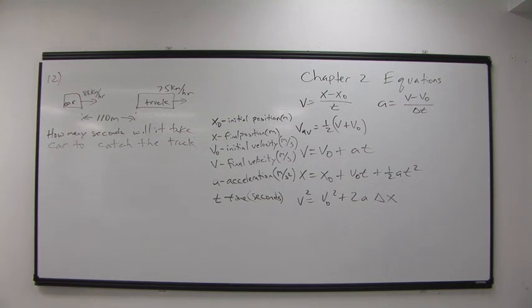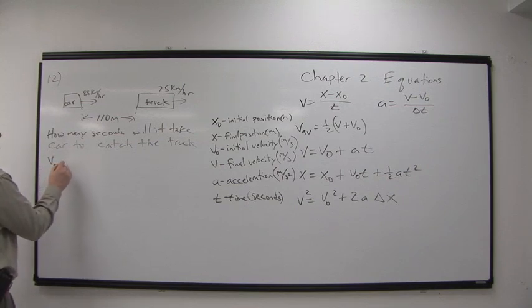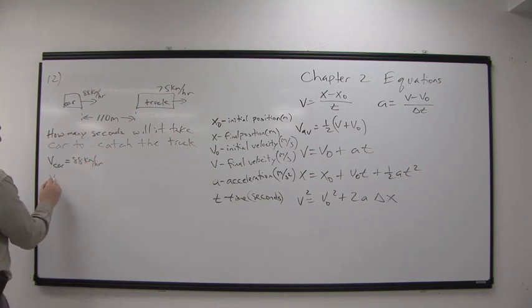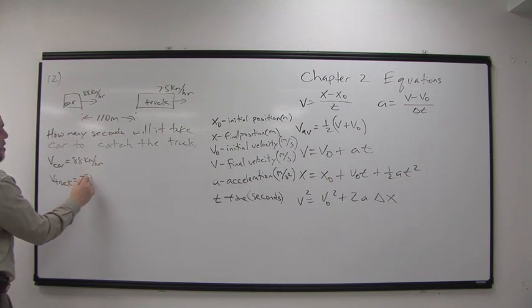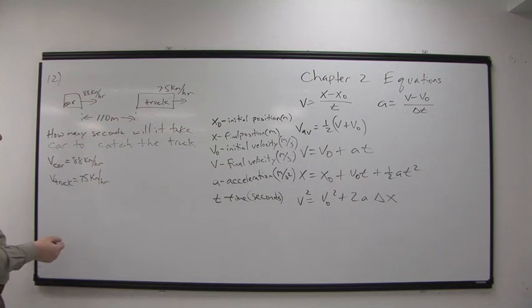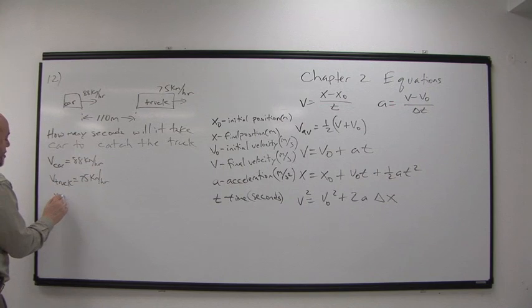First off, let's look at what we have in terms of our problem. The velocity of the car is 88 kilometers per hour. The velocity of the truck is 75 kilometers per hour. And the distance in between the two, my x, is 110 meters.